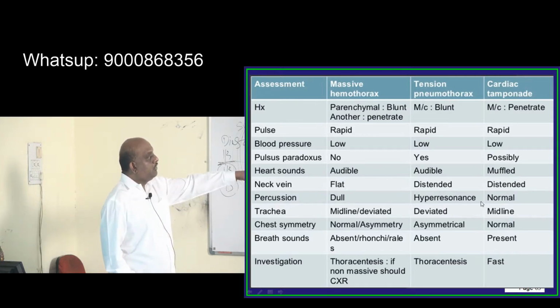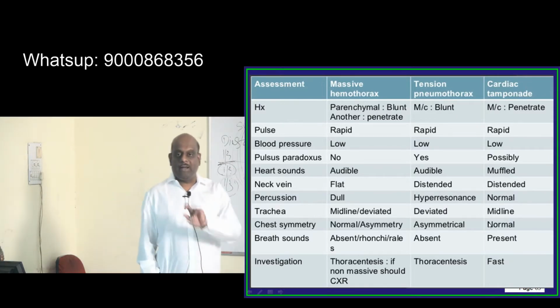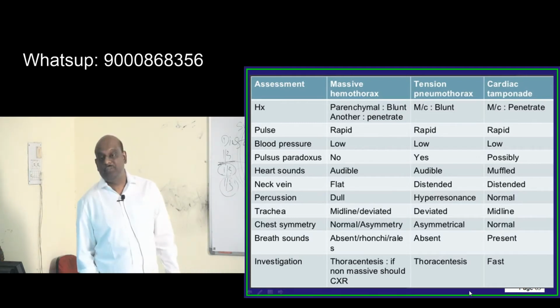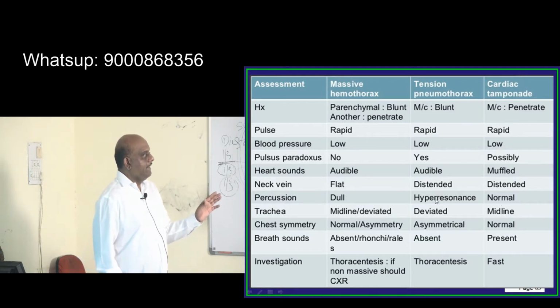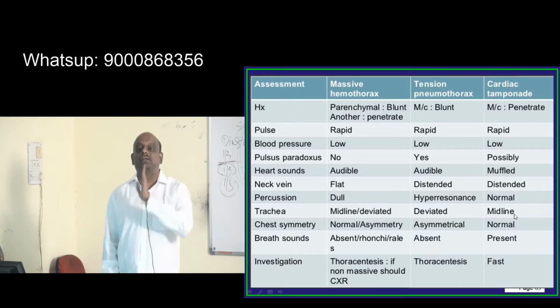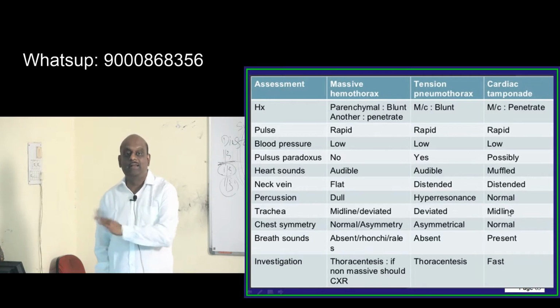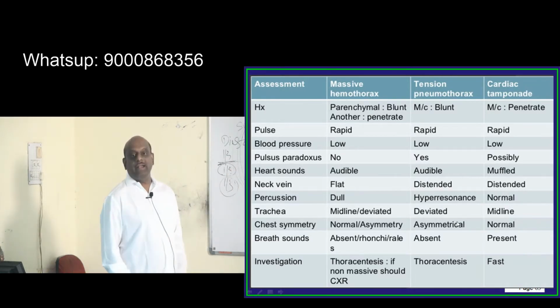Then pneumothorax is hyperresonant to percussion, the lungs, whereas the lung percussion is normal in tamponade. The trachea is still midline in cardiac tamponade, but tension pneumothorax will shift the trachea grossly, so it is deviated in case of tension pneumothorax.